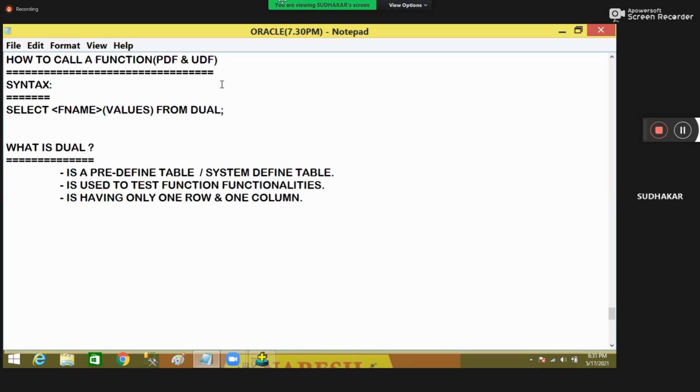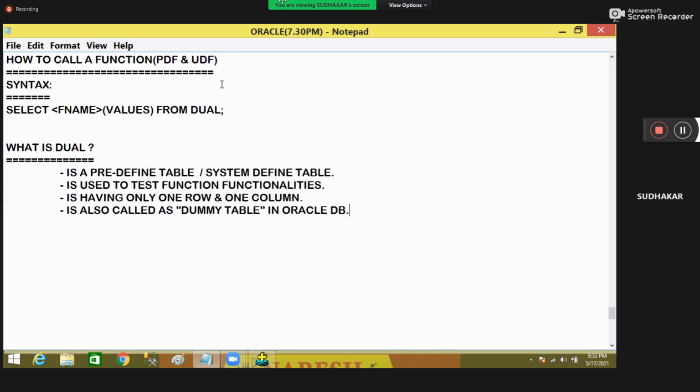This table is also called the dummy table in the Oracle database. That means dual has another name, the dummy table.